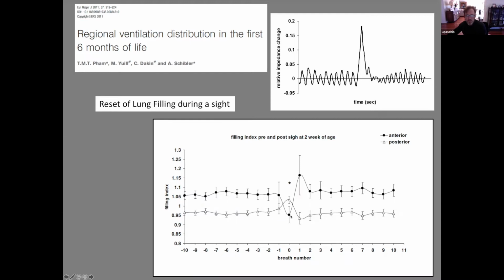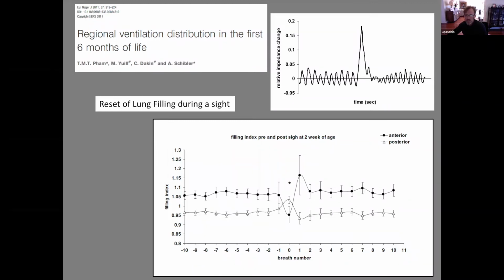When they perform a sigh, they reverse that. And you can see that during the sigh, we distribute the volume first into the dependent lung, followed by the rest. After the sigh, we see the rule is applied again.